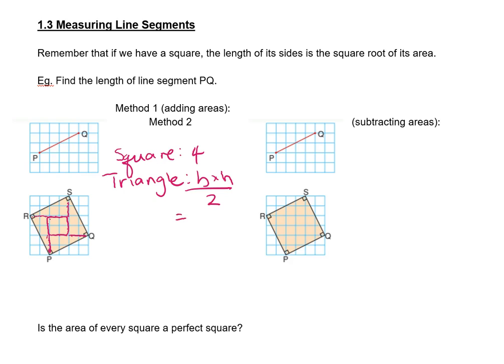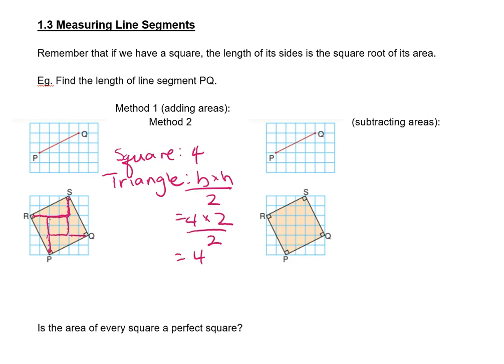All 4 of these triangles are going to be identical. If I look at the base of this one, for example, RS, whatever that point would be, 1, 2, 3, 4, the base is 4, the height is 2, and I divide by 2, so 4 times 2 is 8, divided by 2 is 4. So each triangle has an area of 4.